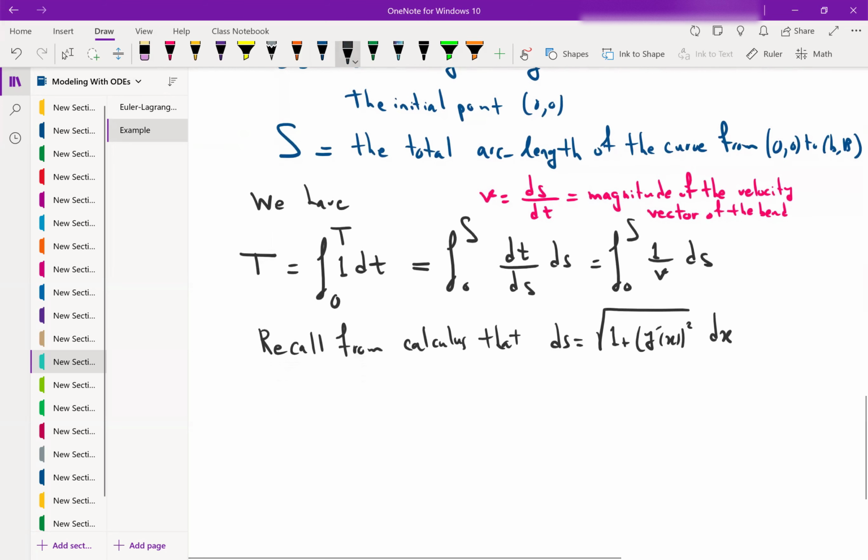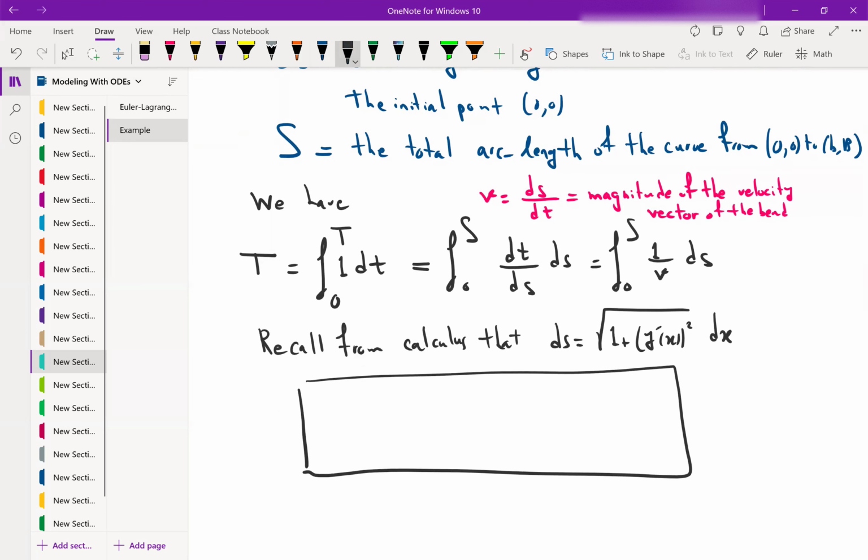Now, just a very small comment about this. Let's say that this is your curve. You can think of dx as an infinitesimally small delta x, dy as a very small delta y, and this is your ds. If everything is really small, the length of ds is the same as the length of this line segment, this chord. So we have a right triangle, and ds squared will be equal to dx squared plus dy squared.